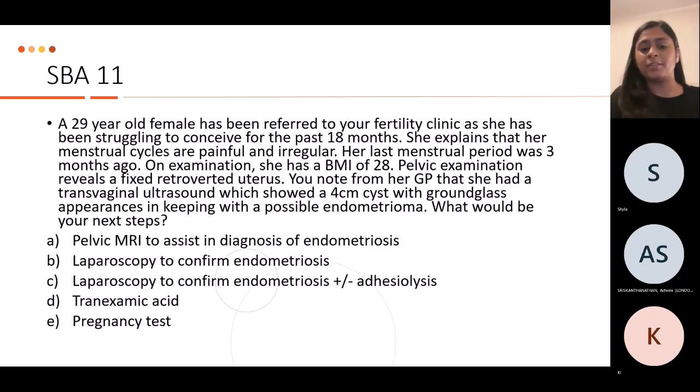She's also got a BMI of 28, but this time you do an examination and you note that she's got a fixed retroverted uterus. You note from her GP that she's had a transvaginal ultrasound because they're great GPs, and that one showed a 4 centimeter cyst with ground glass appearances in keeping with a possible endometrioma. So what would be your next steps?